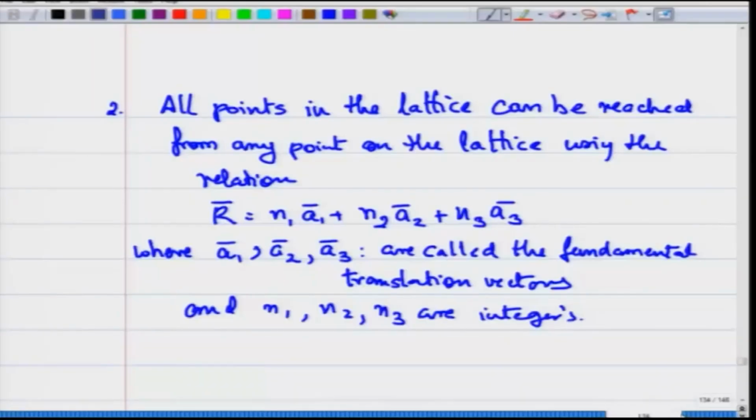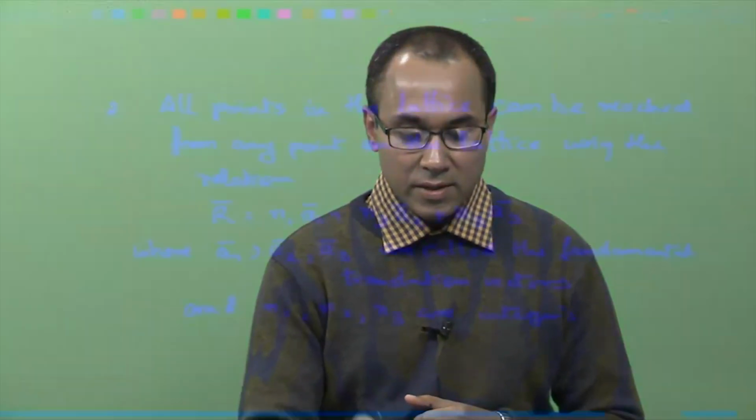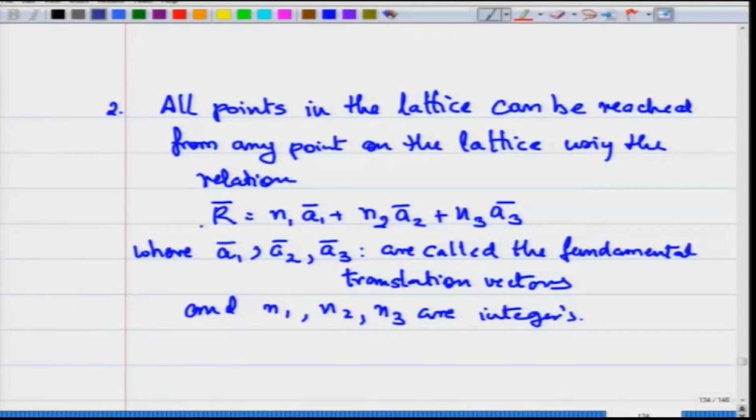So, we had taken a look at some of these things, and another important aspect of the Bravais lattice is that from any point in the Bravais lattice, you can move to any other point using a translation vector, where this translation vector is written in terms of three other fundamental vectors a1, a2, a3, and your translation vector then can be written as n1 a1 plus n2 a2 plus n3 a3, where n1, n2, n3 are integers.